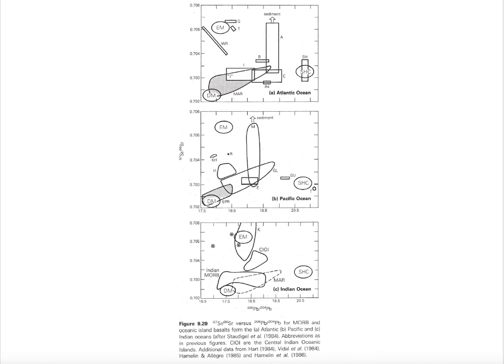I, that is Iceland, and so on, yeah. That is from different locations where our data are plotting, and then we can compare these ratios again with our middle ocean ridges, with our enriched mantle, and with our St. Helena component, yeah.